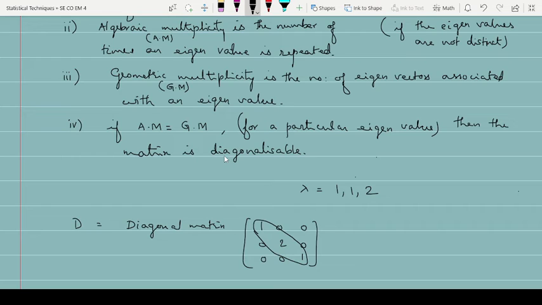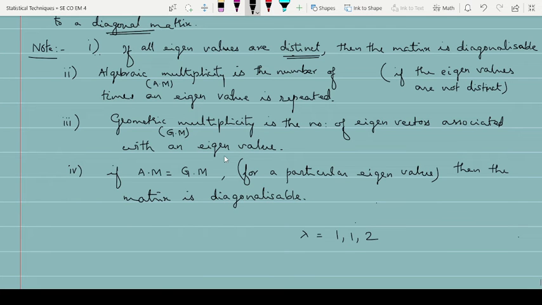So that is the diagonal matrix. Now what is algebraic multiplicity and geometric multiplicity? Algebraic multiplicity means the number of times an eigenvalue is repeated. Here, for lambda equal to 1, algebraic multiplicity means how many times this 1 is repeating. 1 is repeated 2 times, so algebraic multiplicity is 2.